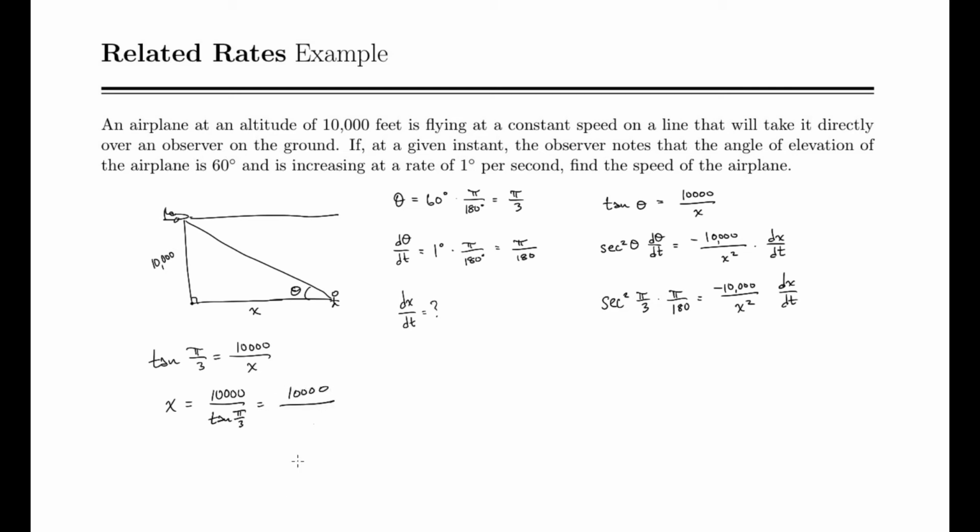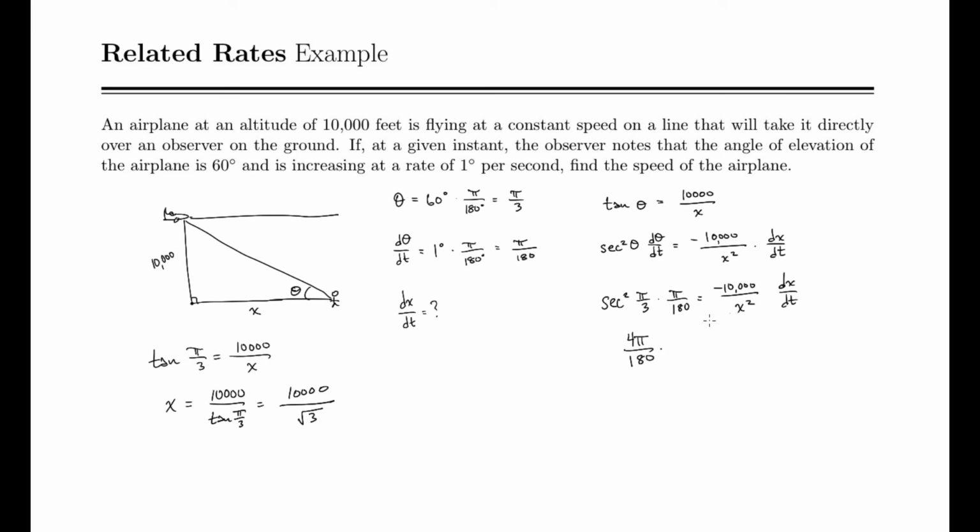And tangent of pi over 3 is the square root of 3. So there's our x. All right, secant of pi over 3 is 2, and so we're squaring that, so we got 4. So 4 pi over 180.